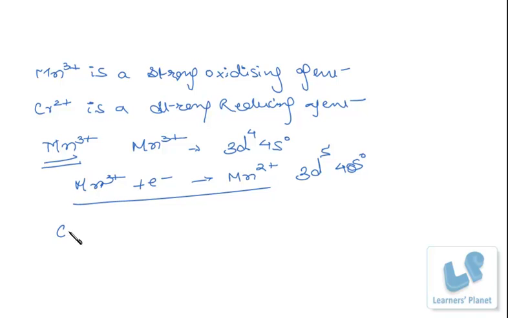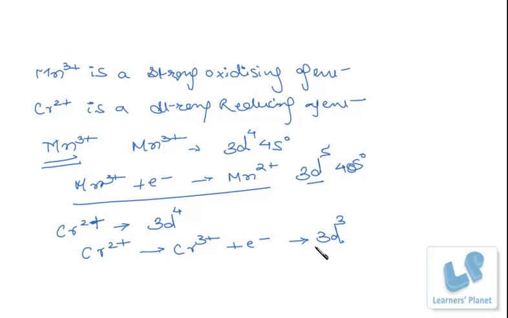If I'm talking of the Cr2+ ion, what is its configuration? It is 3d4, right? Now, if it is losing one electron, it will form the Cr3+ ion with a 3d3 configuration.